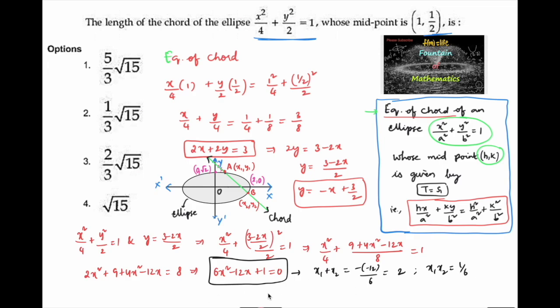So that we can write the difference of these numbers x1 minus x2 whole square is equal to x1 plus x2 whole square minus 4 times x1 x2, that is 2 square minus 4 times 1 upon 6, that is 4 minus 2 by 3, that is 12 minus 2, that is 10 by 3. So we got x1 minus x2, which is equal to under root of 10 by 3.